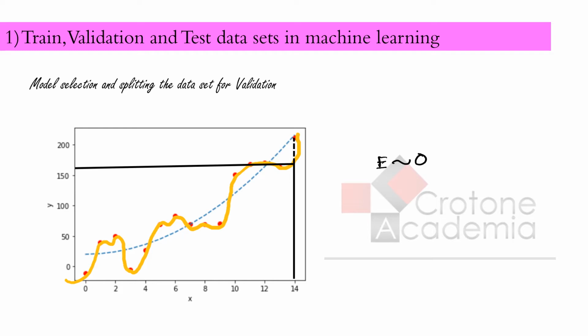Though the error is quite small, still we are not getting a better fit to the underlying function, which has been shown in these dotted lines. So if we try to calculate the y value for a given x value, in this example x equals 14, it is quite different from the value that actually resides inside the underlying function.